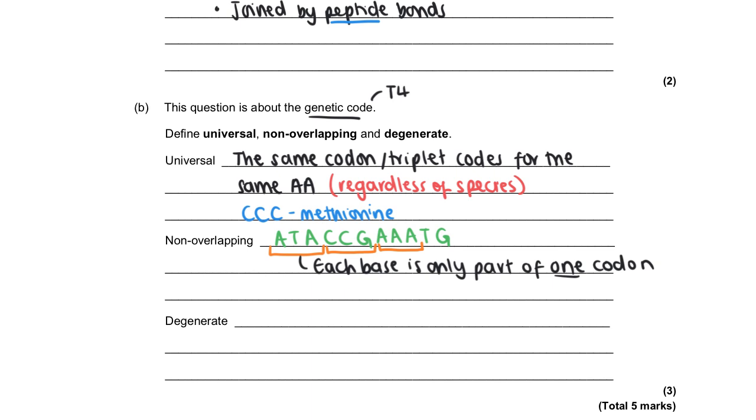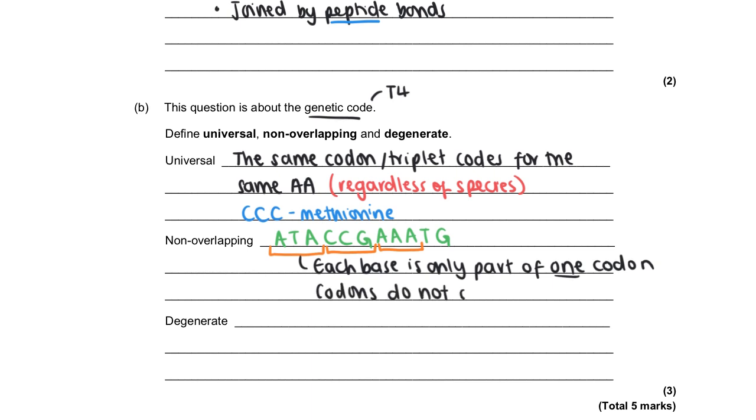Immediately then I move on to the C and the G. I don't consider ATA as one and then go TAC as a second. Okay? They are non-overlapping, discrete units of 3 bases that once we've read those 3, we don't read them again. Okay, so each base is only part of one codon, or you could have said that codons do not overlap.